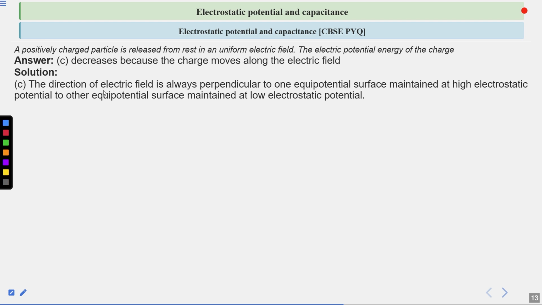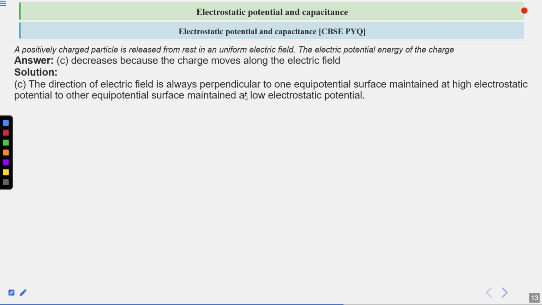So what is the direction of the electric field? It is always perpendicular to the equipotential surface, as we have already mentioned. It should be perpendicular because we don't want any tangential component along the equipotential surface that will cause movement of charges on it.